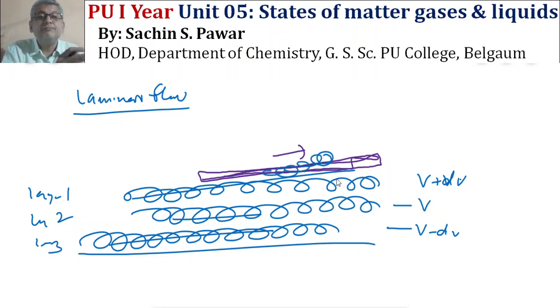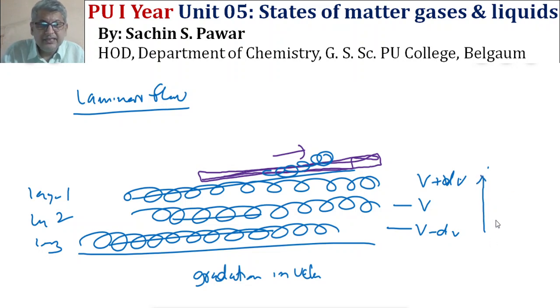at a different speed, and this is called regular gradation in velocity, that is, gradual increase in the velocity. This is lower velocity, this is a bit higher velocity, this is even higher velocity, and so on.